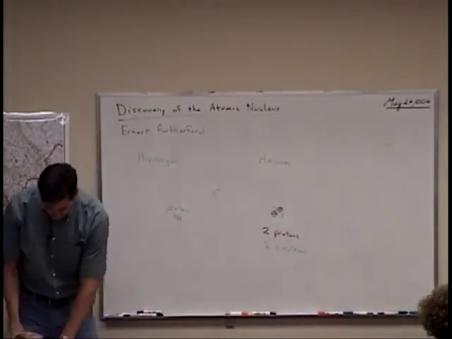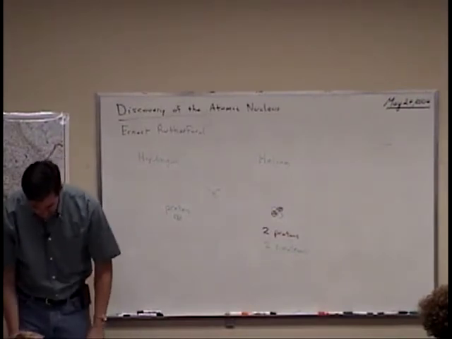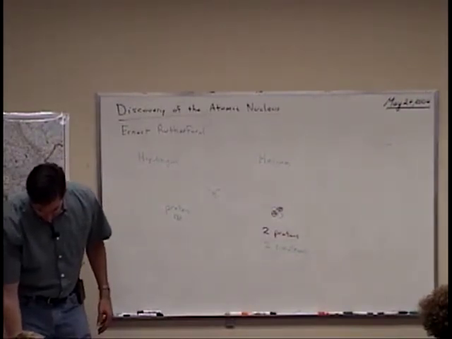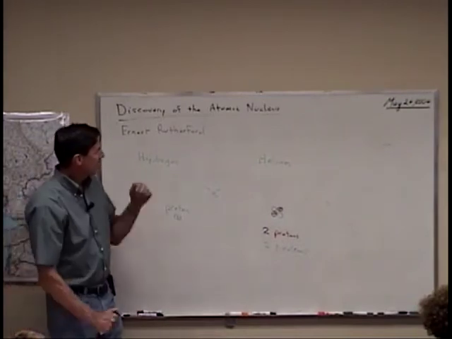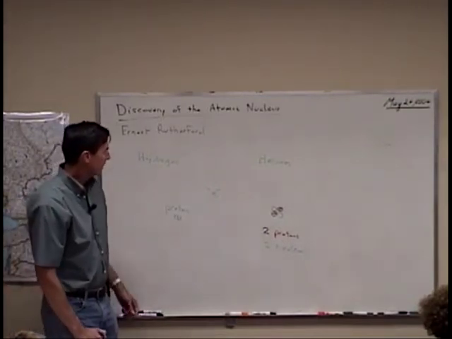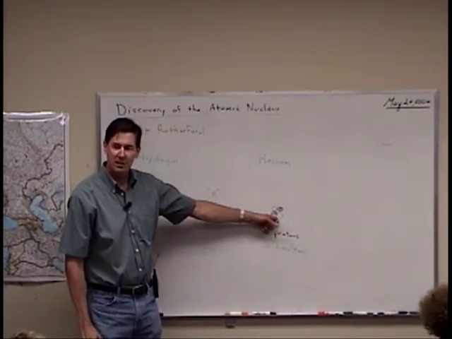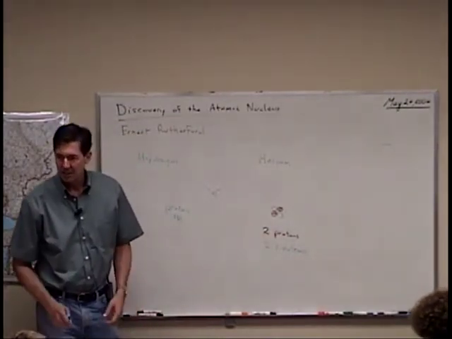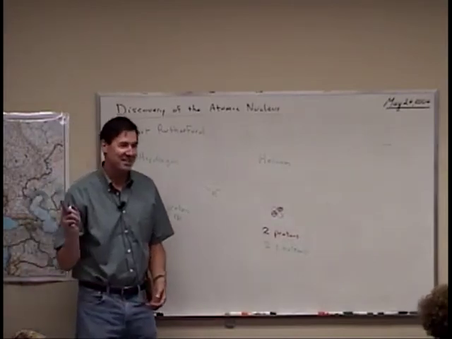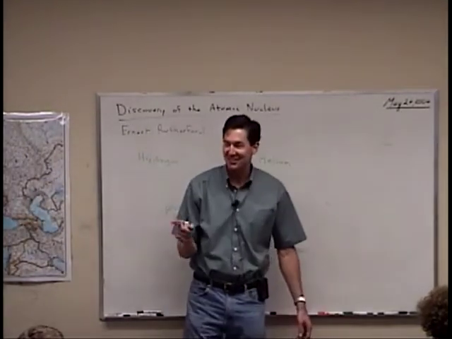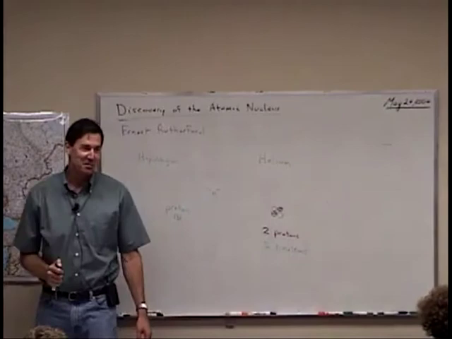Okay, now, there's one question you might ask about this. Troy. Why do the protons and the neutrons stick together? Yeah, that's a great question. It's exactly the question I was thinking that you might ask.